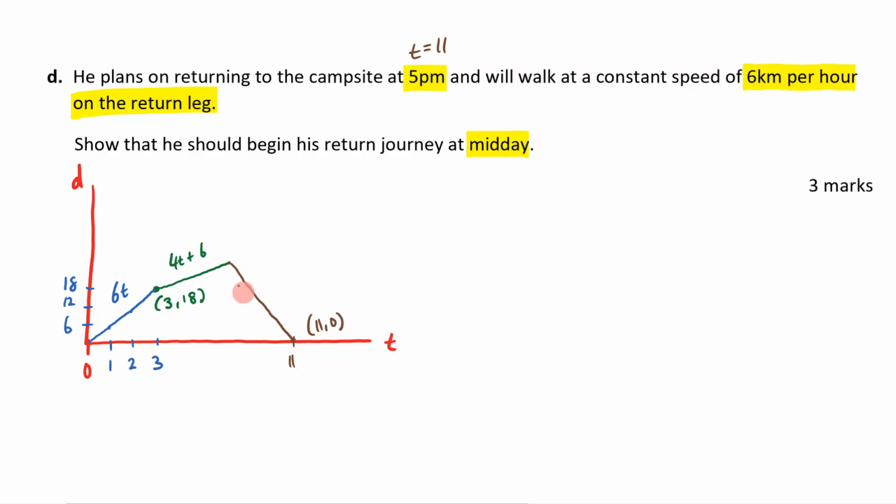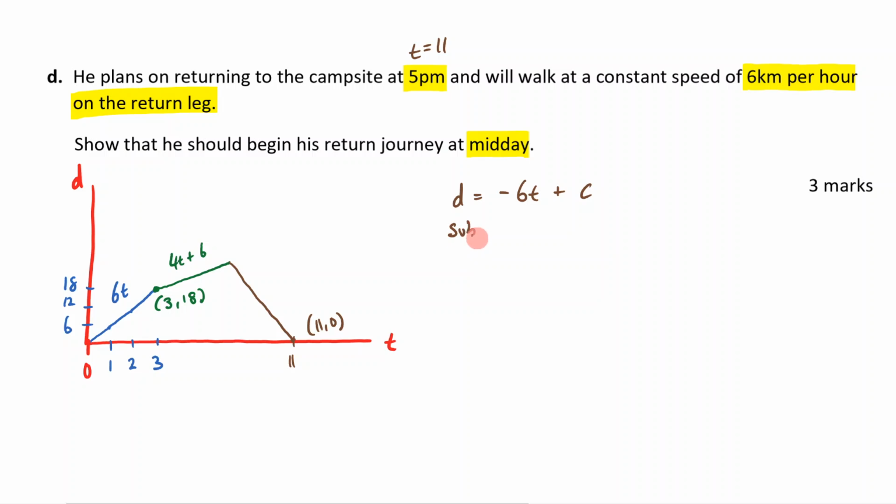I now need to find an expression for this thing right here. So if I know that I am traveling at 6 kilometers per hour, what I could say is that d is going to be equal to, now this is important, negative 6t plus some constant. So remember, it's negative because I'm now going down. So I need to find what this constant is, and this is like the scenario I was in before. To do that, I'm going to have to sub in a point, and I have a point, this (11, 0).